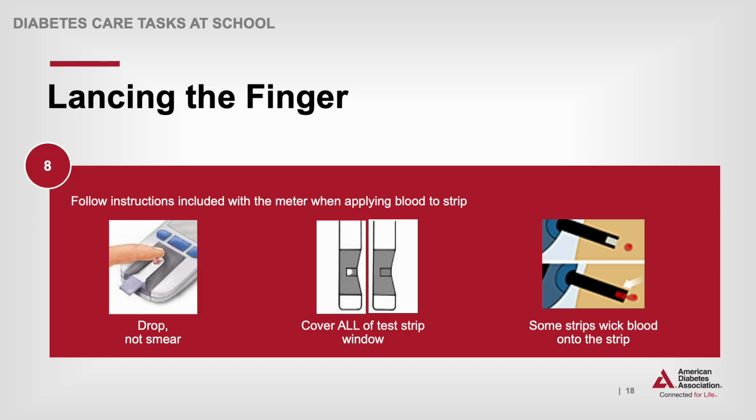Do not smear the blood on the strip. With all meters and strips, be sure to completely cover the test strip window. The picture on the right illustrates that some strips actually wick the blood onto the strip by capillary action upon contact with the drop of blood on the finger.